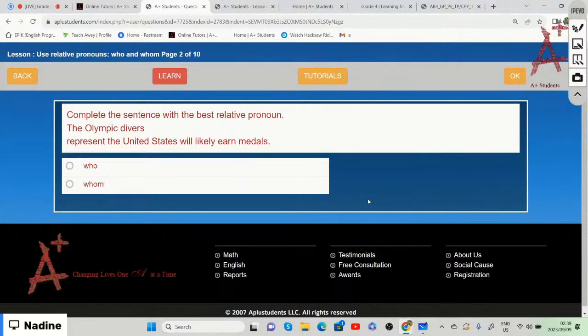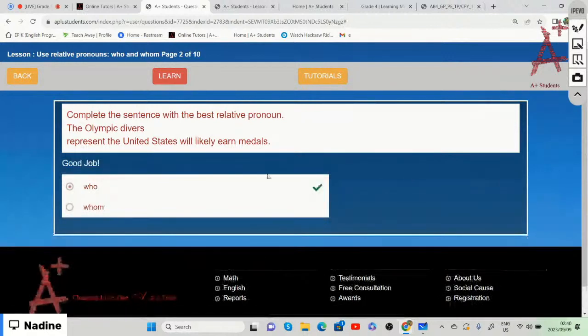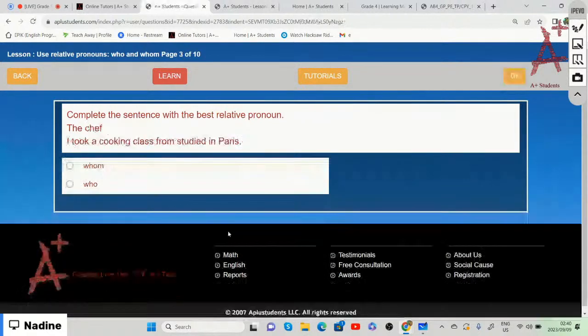All right, let us choose the one that was chosen. So the Olympic divers, let's say who represents the United States will likely earn medals. And who is correct? So well done.